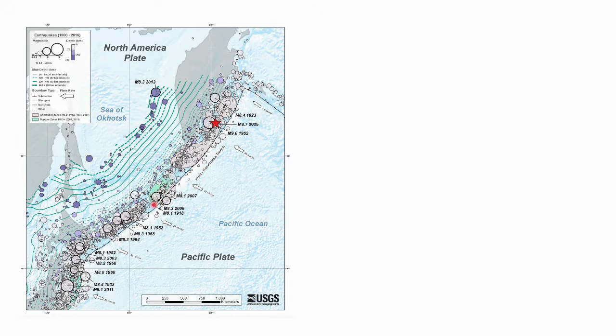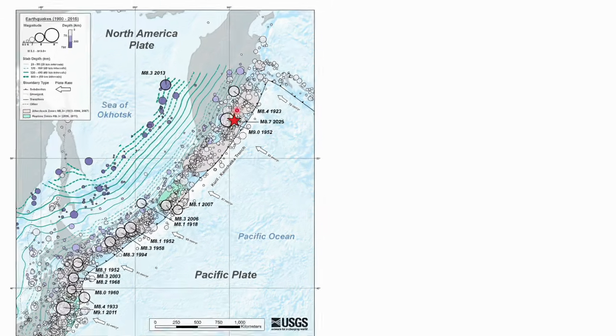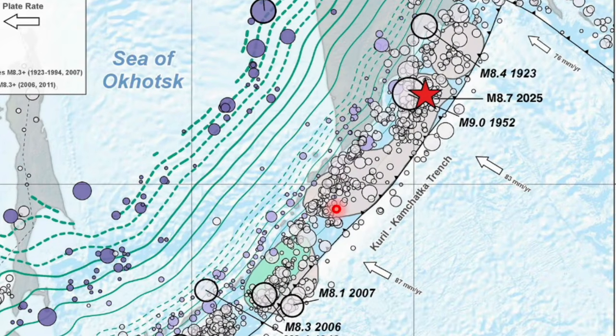So these are all what will be classified megathrust earthquakes. And in fact, right next to where this one happened, in 1952, there was a magnitude 9 earthquake there. And that probably ruptured a surface something like this. This grey region is the aftershocks from this 1952 earthquake. So you can see it's a very seismically active area with very large earthquakes associated with the subduction here.